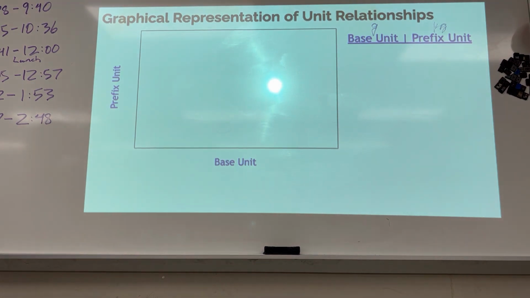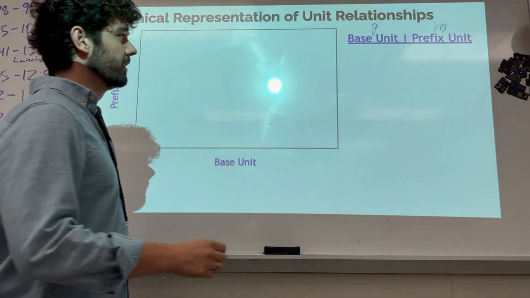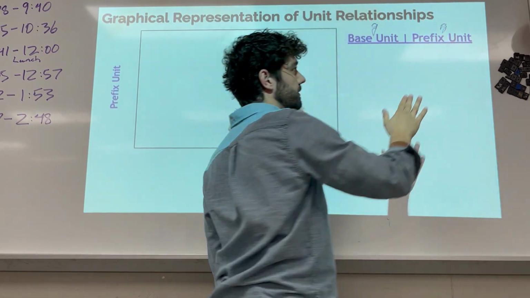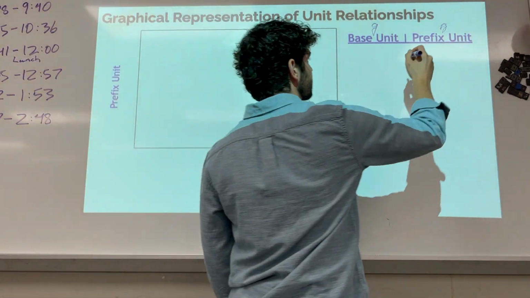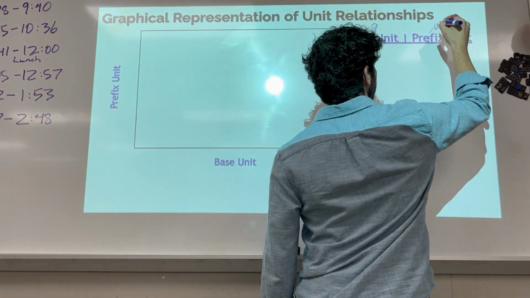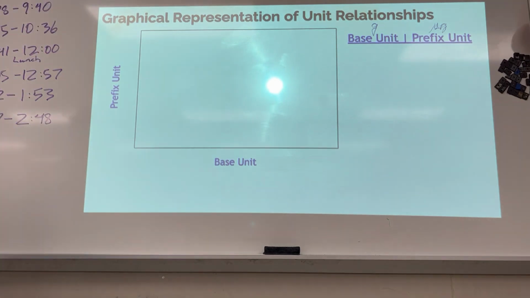Actually, for the sake of this graph, let's pick one smaller than grams. Sorry. So pick one that's smaller than grams. Micrograms? Sounds great. Micrograms. I could do it the other way, but I would have to flip stuff and I didn't want to deal with it.